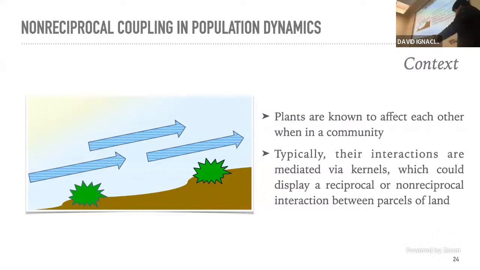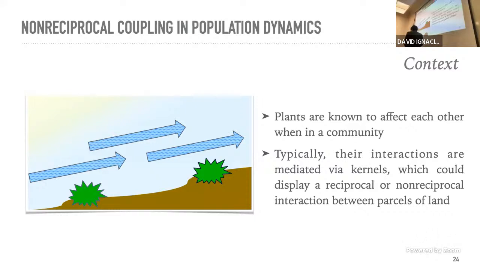So now I will jump to the other part of my talk, in which I will talk about the non-reciprocal coupling, but now in population dynamics. Okay, so what is the context? The context is that plants are known to affect each other when they are in a community.